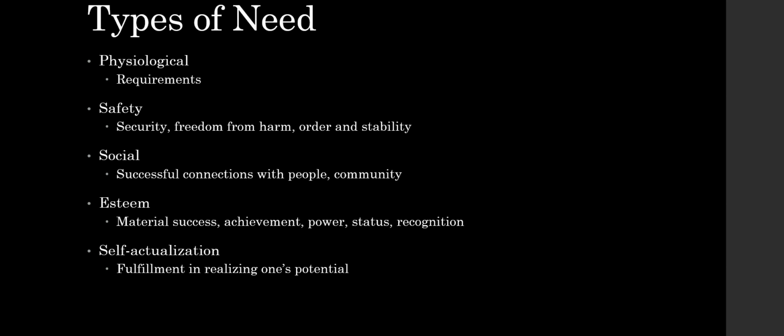Consider Maslow's hierarchy of need. You may be familiar with this. And consider the types of need that we might focus on with our pieces of support. Does your argument, does your claim relate to physiological needs? Food, water, shelter. Does your argument relate to safety? Does it relate to social need? Successful connections with people?